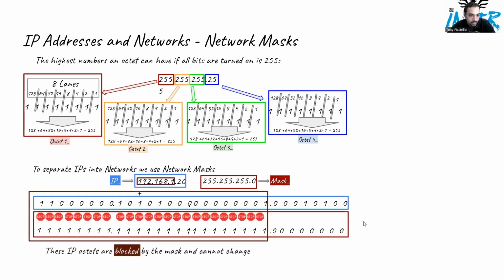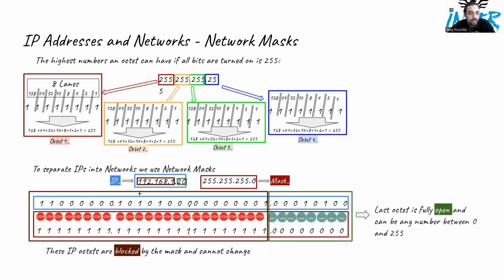So the way the mask works is that for every mask bit that is on, it stops the IP bit from being able to change. So these IP octets are blocked by the mask and can't change, meaning they belong to the network portion of the IP address. On the other hand, every mask bit that is turned off here means that the mask bit is open and the IP bit is allowed to change.